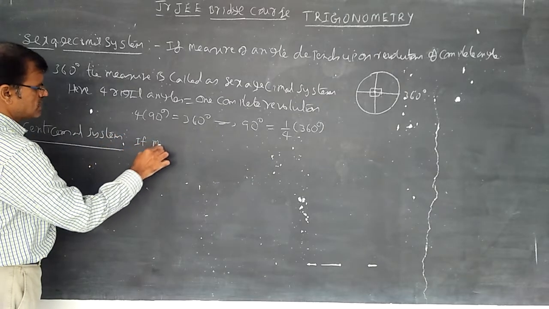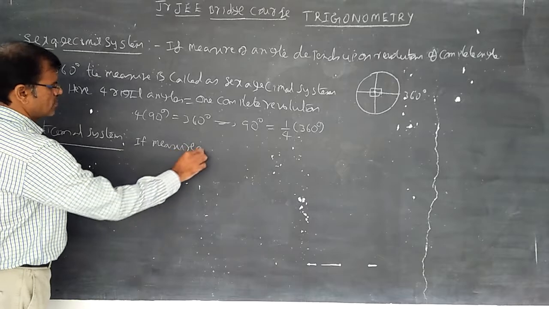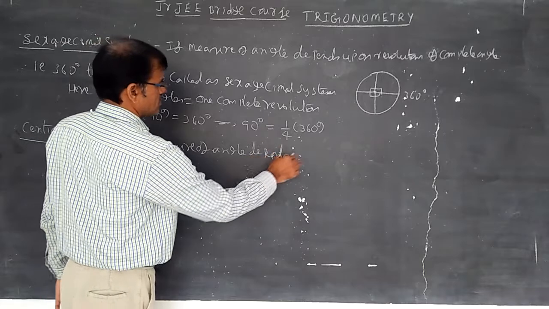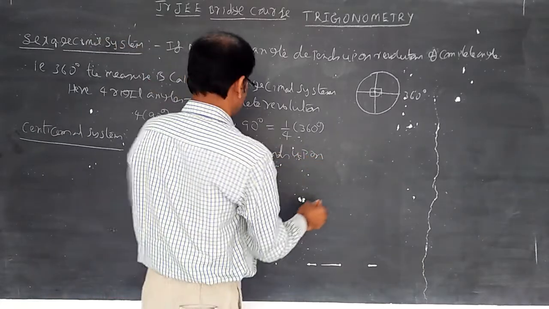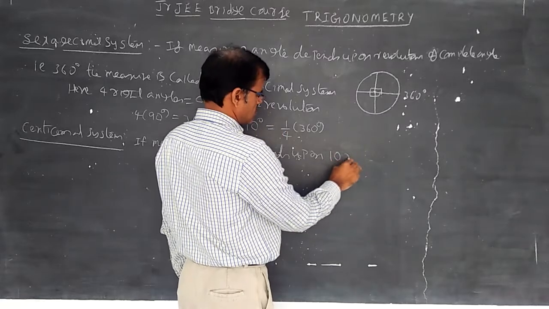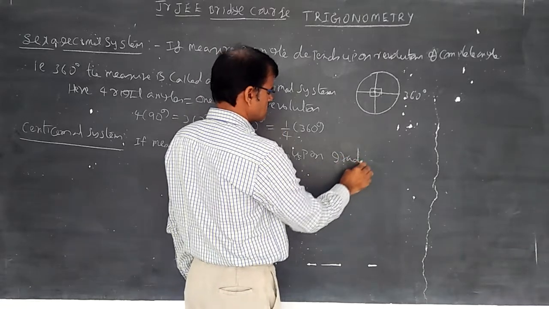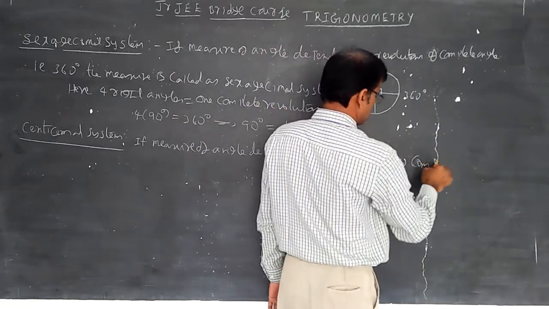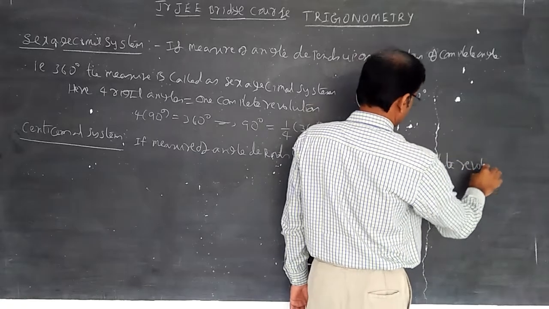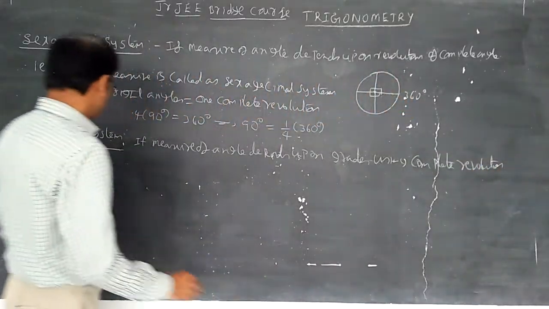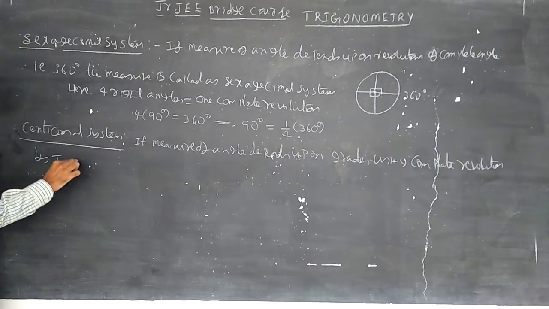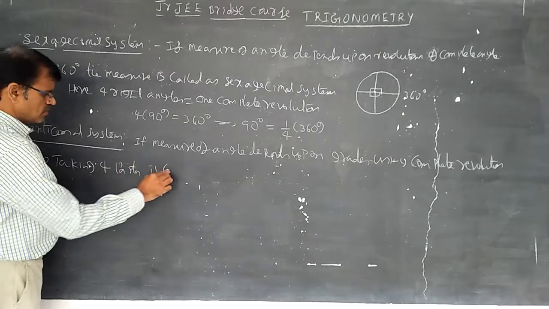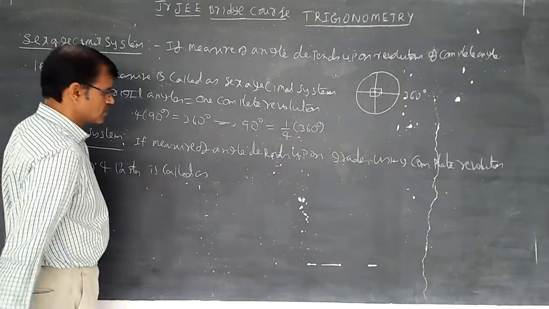Now, the centesimal system. If the measure of an angle depends upon grades, using the complete revolution by taking 4 parts, it is called the centesimal system.